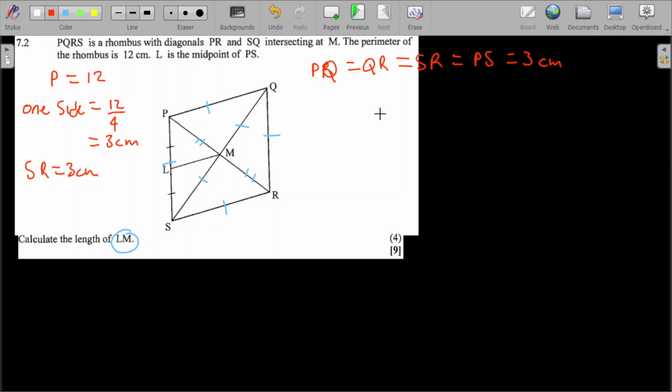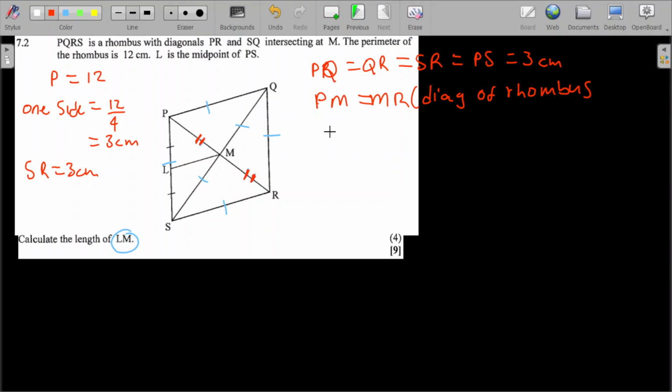And then from there, we know that PM is going to be equal to MR. The reason being those diagonal lines of a rhombus. So we know that this is going to be equal to that according to the properties of a rhombus.